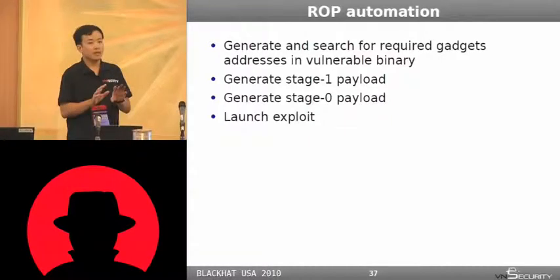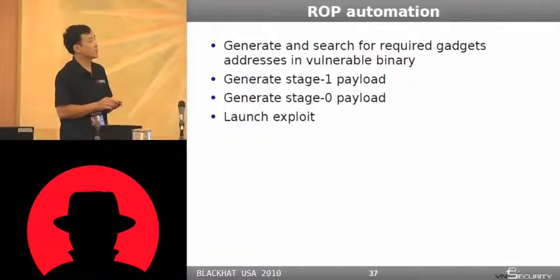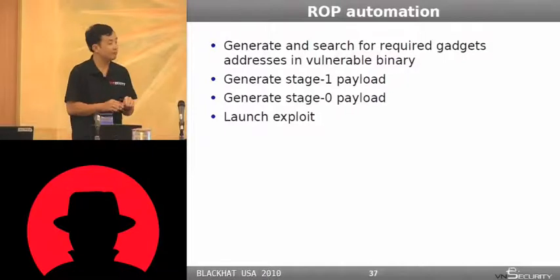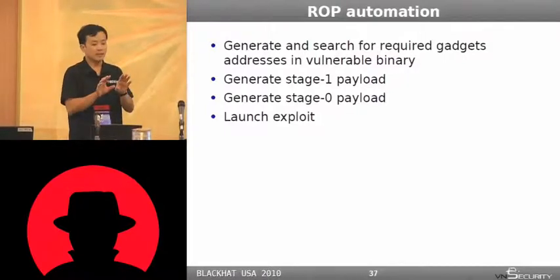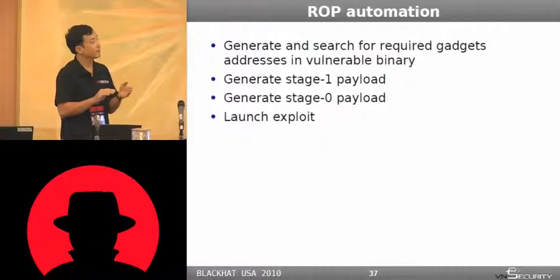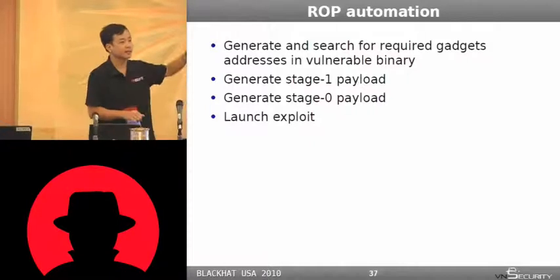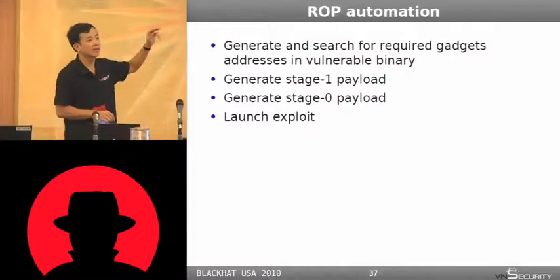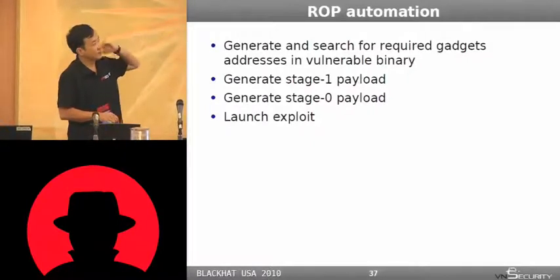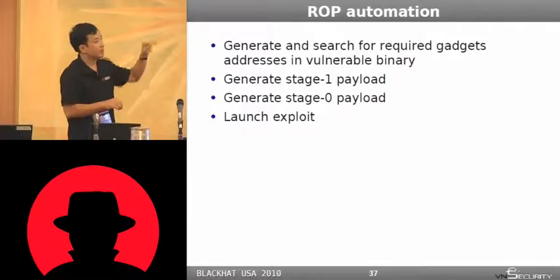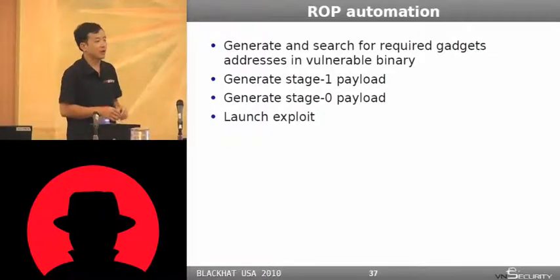And our ROP automation is simple, with 3 steps. First, it generates the gadgets for the vulnerable program and searches for the required gadgets to perform GOT overwriting. Then it generates the sample stage 1 payload, transfers it to the payload loader to generate the stage 0 payload, and launches the exploit.